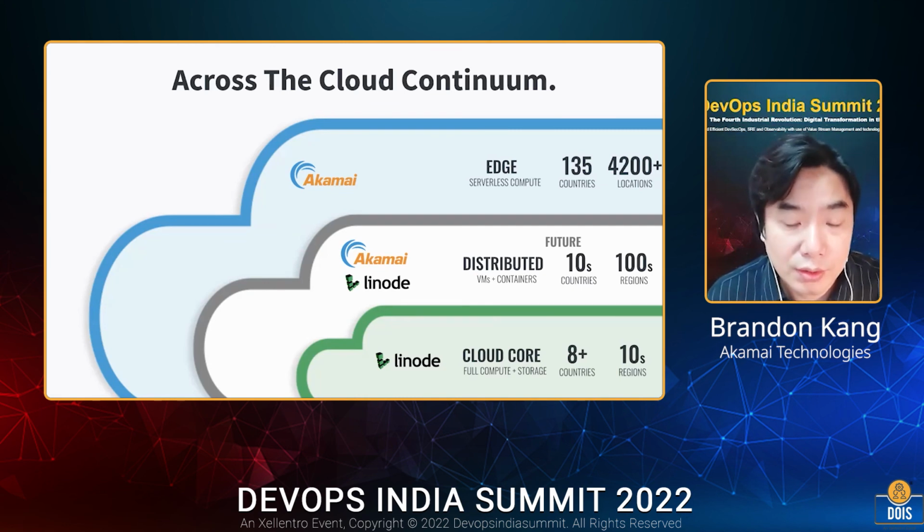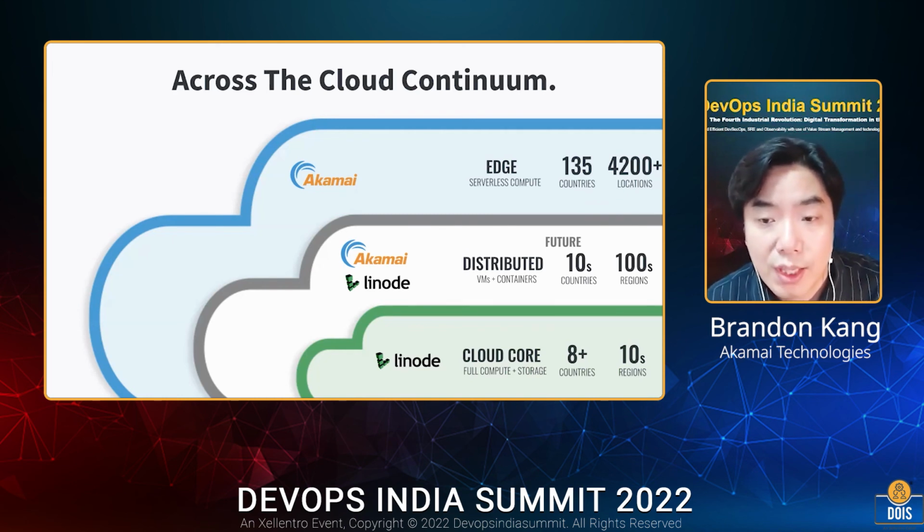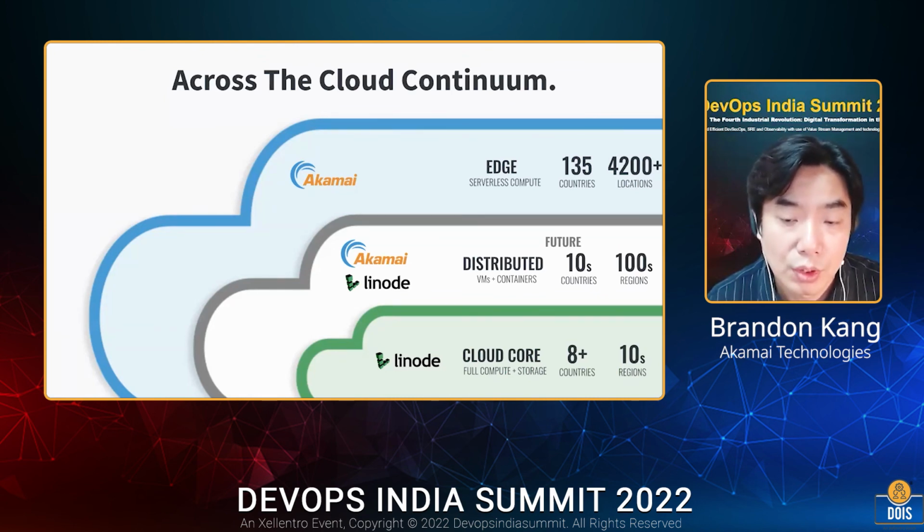We will combine these edge platforms and cloud core systems, and we name it a distributed system, including edge platforms and CDNs, virtual machines, and containers from Linode. Combined with Linode, which has made it simple, affordable, and accessible for developers to consume cloud computing, Akamai will become the world's most distributed computing platform from cloud to edge computing.